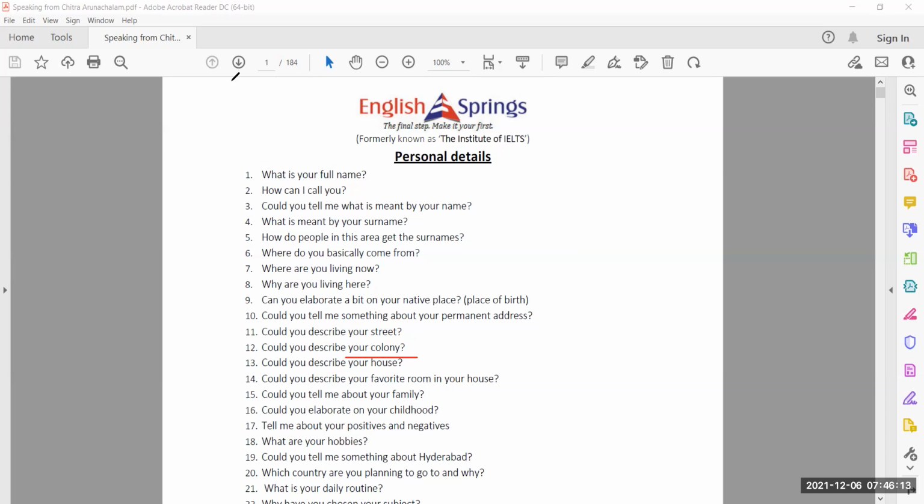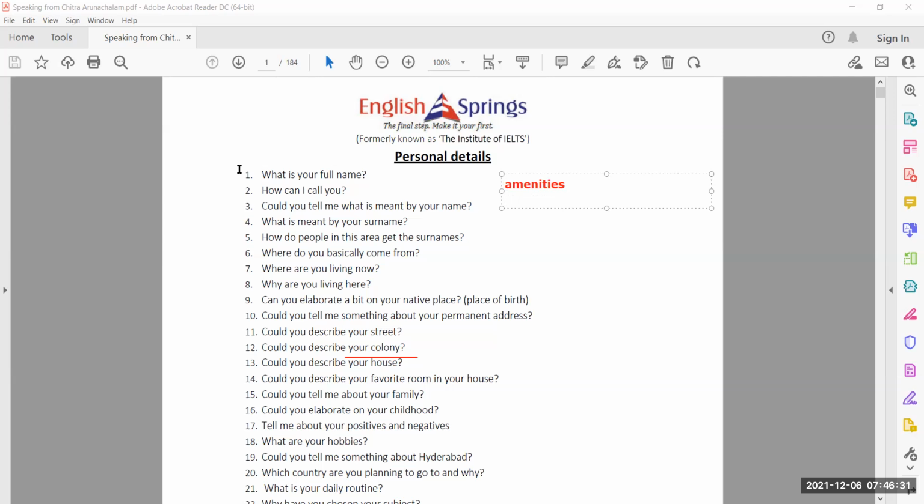So, could you describe your colony? Colony is a place where we actually belong to: the locality, the neighborhood, the society. When you're asked to talk about your colony, you can talk about the amenities, the facilities that are there at your colony.